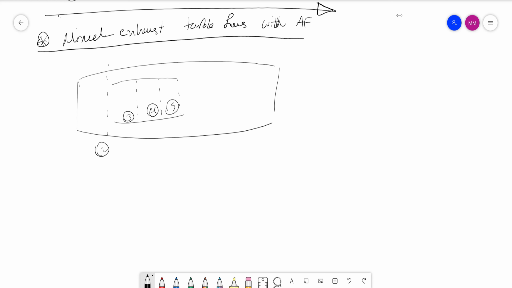And your fan, you're gonna have a station 13, which is just after the fans, and then you have the fan duct, and here you are gonna get to a station 15, which is going to be the fan duct outlet. So we have the turbine outlet and the fan duct outlets.